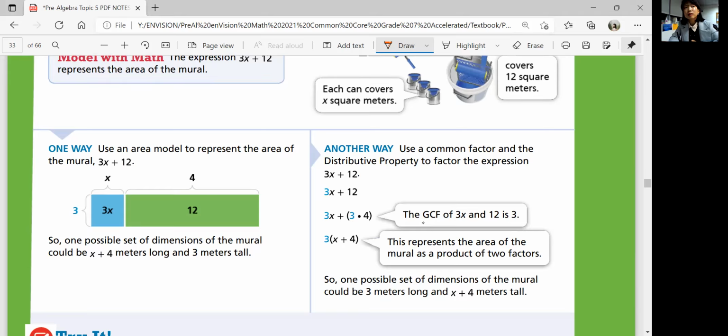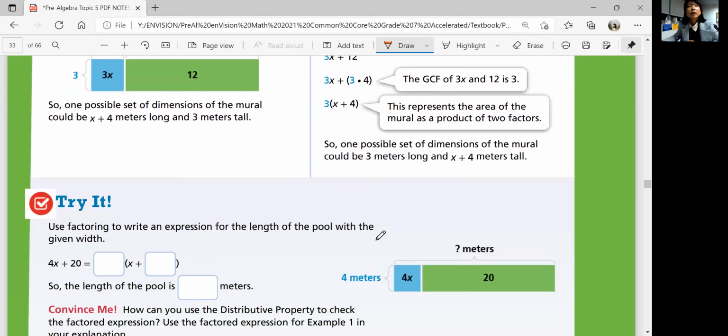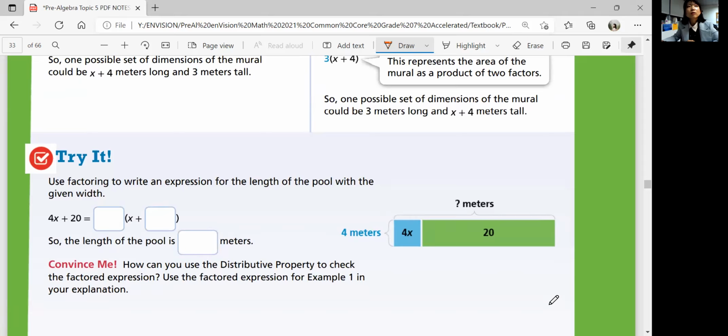So 3 times x plus 4 would be equivalent to 3x plus 12. And so you can say 3 times x plus 4 would be the width and the length, which will equal the area. Okay, so there are 2 ways to solve this problem. You can pick your own way, but please answer this triad using the diagram and filling in the blanks.